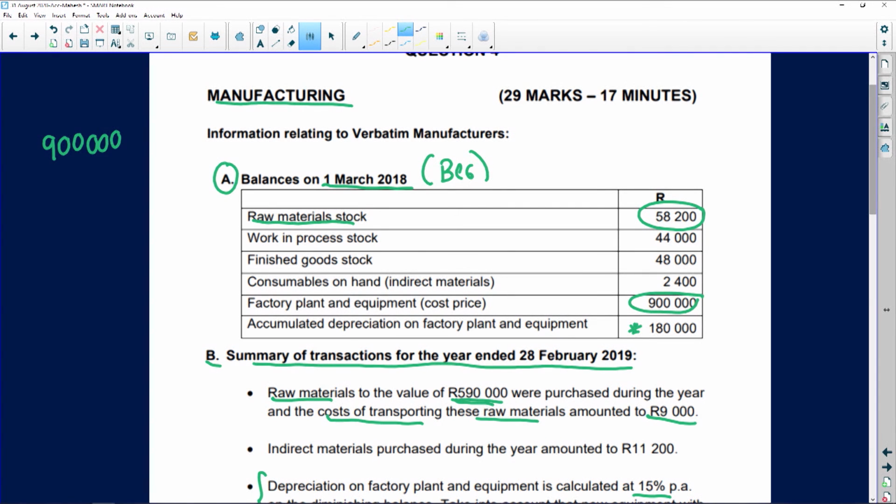So this amount of $900,000 includes the new equipment that we bought during this financial year, as well as my old plant and equipment. Now remember, you've got to split this into new and old and then do your depreciation calculation.